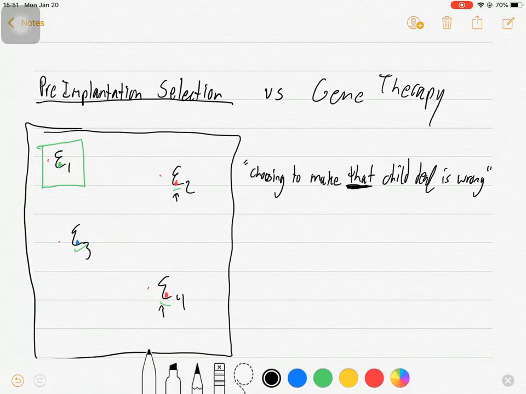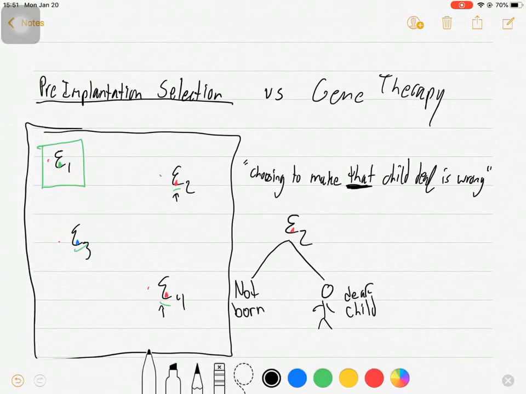And let's say that we had embryo 2. So let's pull embryo 2 out for a second. Embryo 2 has two potential life trajectories right now. Either the embryo will never be implanted and will never be born, or it will turn into a deaf child.